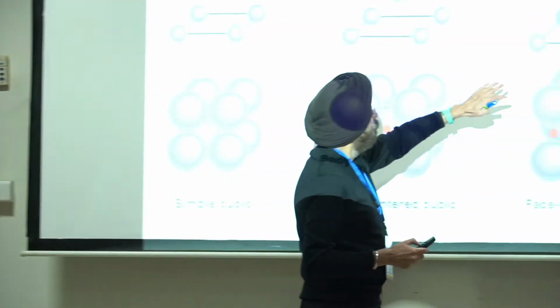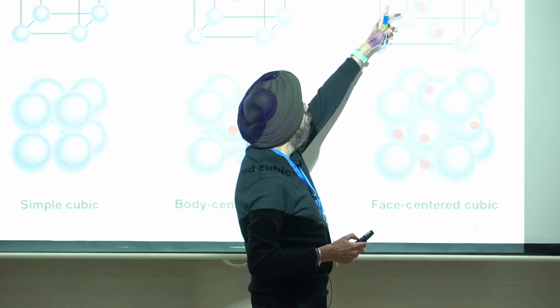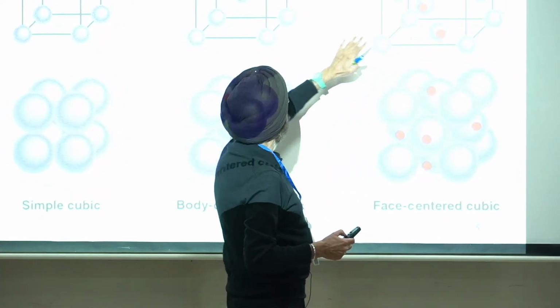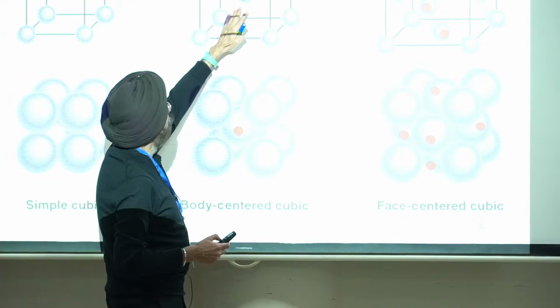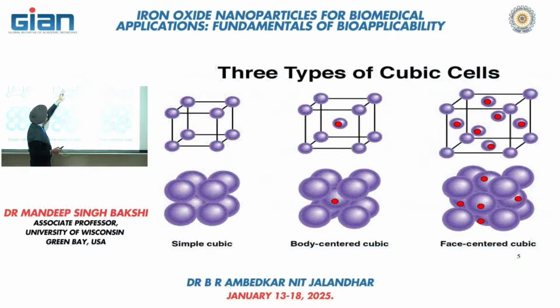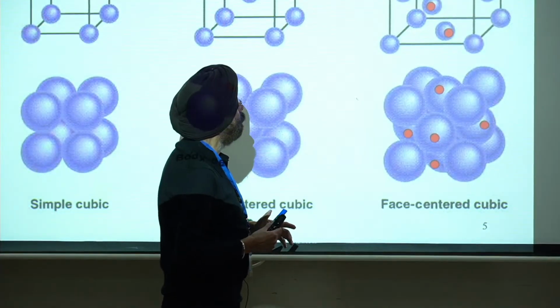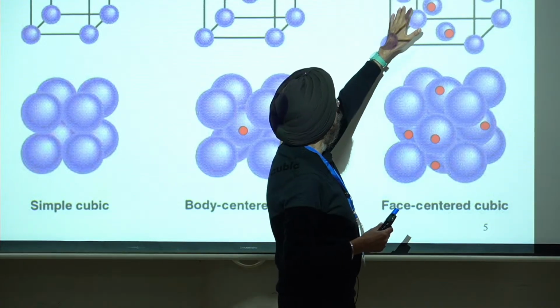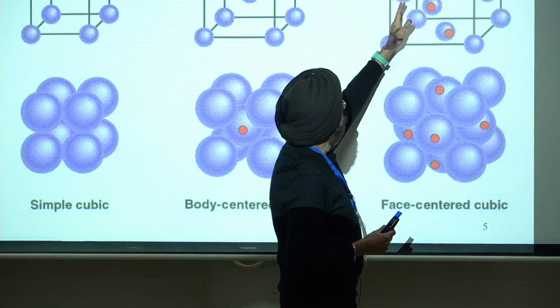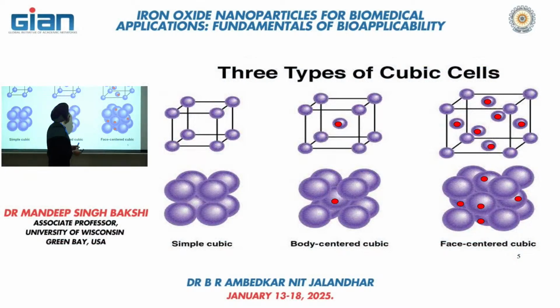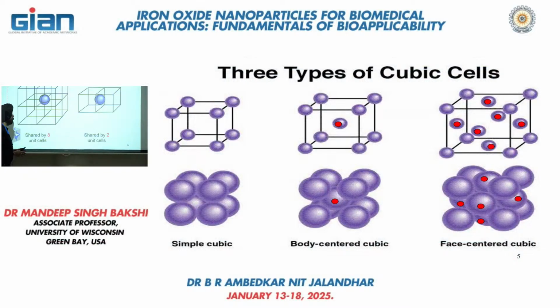Realize that there is one atom in the center of the cube. There is no issue for this because it is already inserted in the center of the cube. So the one full-fledged atom is already in the cube. But what is the area when an atom is placed on the face, and how much of it is included in the unit cell?